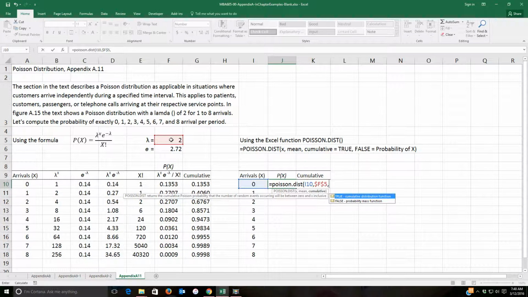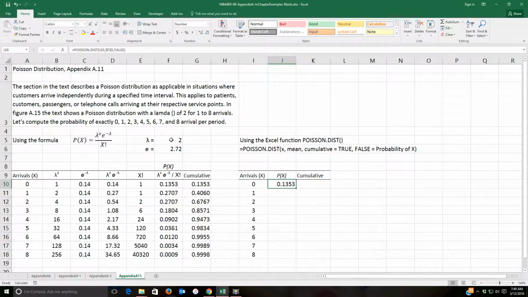However, in a discrete distribution, when we want to find the probability of a discrete instance, so the arrivals of 0, we answer false. And that gives us, the description here is the probability mass function, but that's simply the probability of x. So the probability of 0 arrivals, answer false to that question, and that gives us the probability.